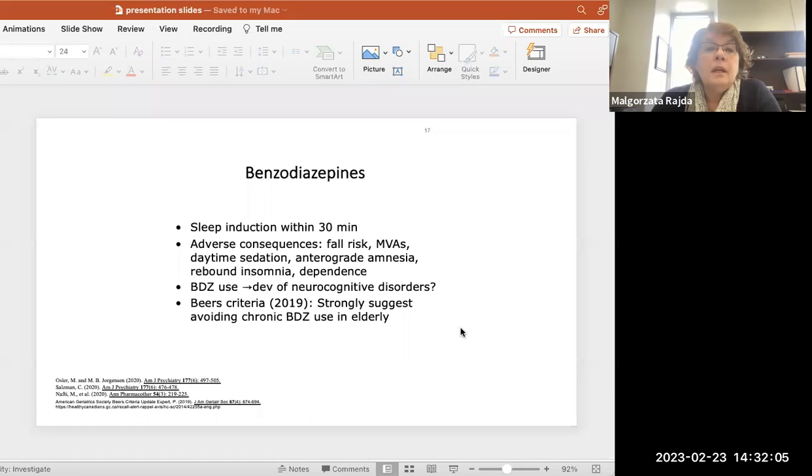Generally, we see sleep induction within 30 minutes when using benzodiazepines, but because of their receptor profile, we see much higher risk of falls, accidents, and daytime sedation, as well as memory problems. So again, the Beers criteria recommend to avoid those agents in older folks.